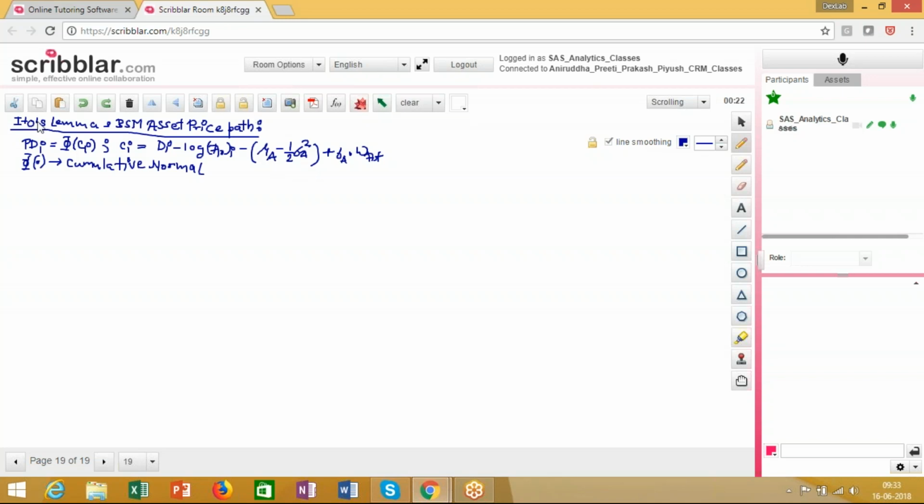So let us have a look into this cumulative normal distribution. What is this cumulative normal distribution over here? Let's very quickly plot the normal distribution once.